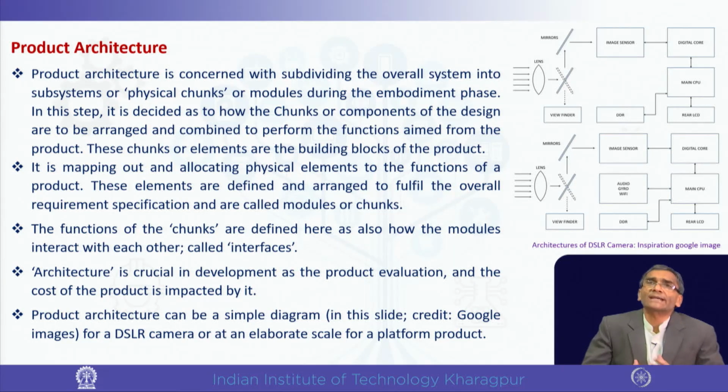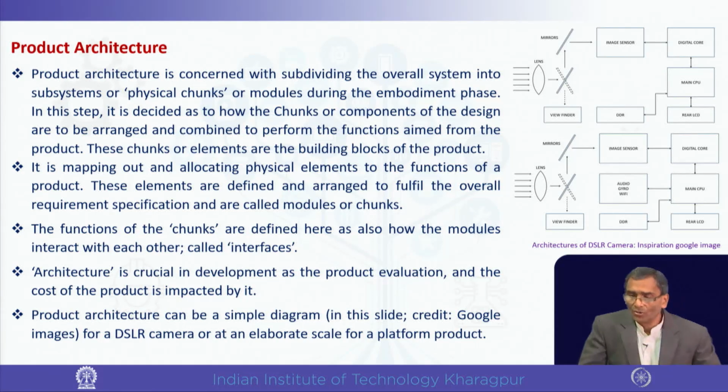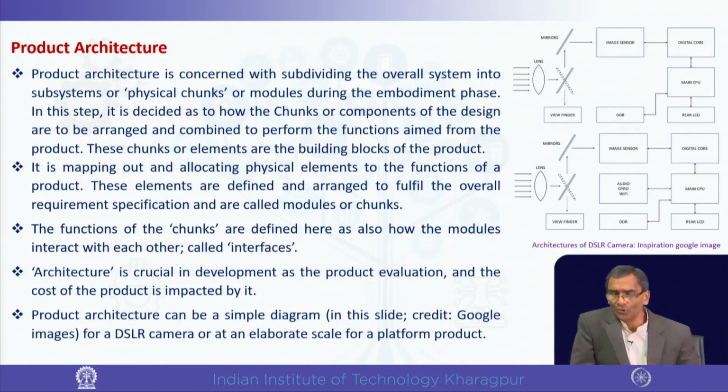A camera, for example, you can see on the right-hand side the block diagram of a DSLR camera. I will not explain it closely now, but in a larger image we will describe it later.